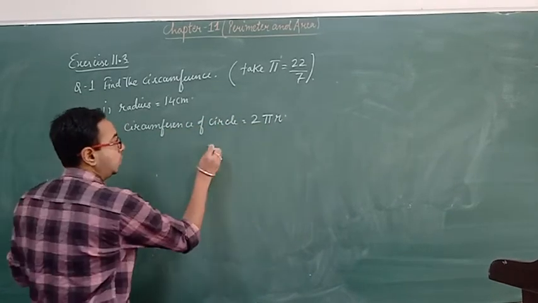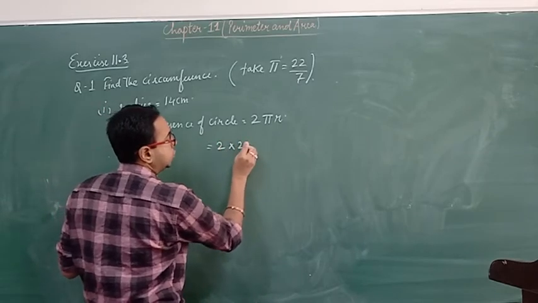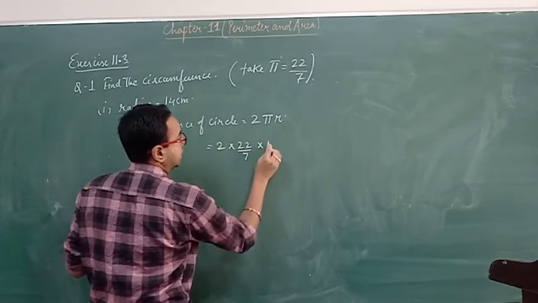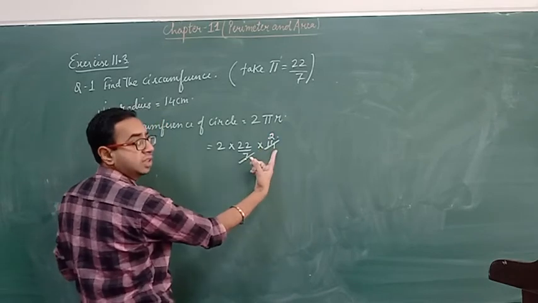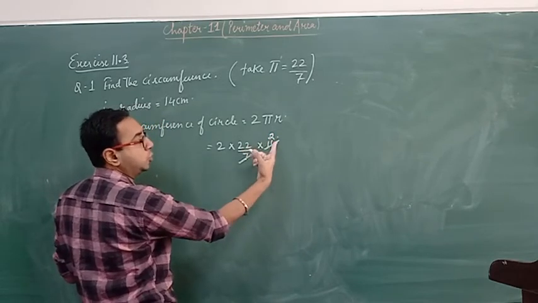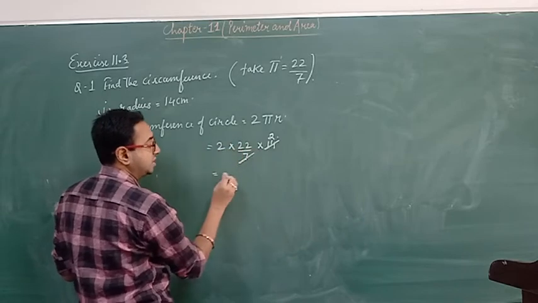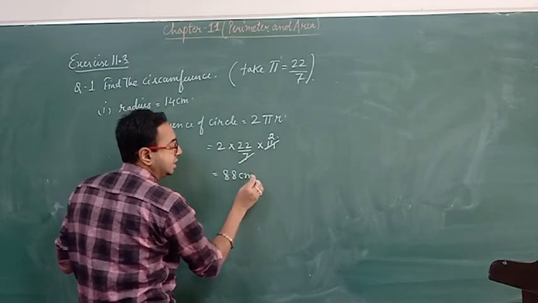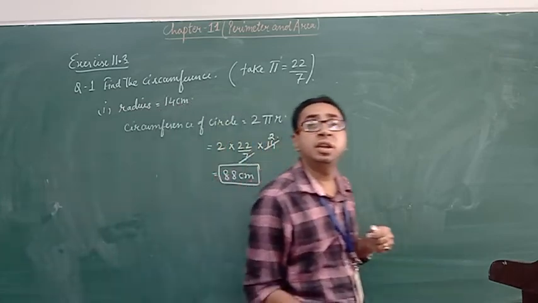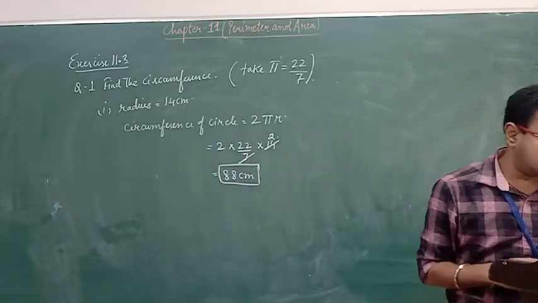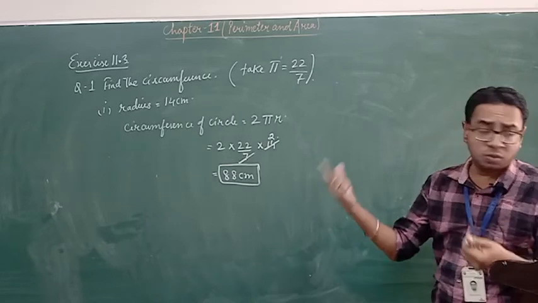Clear? Now, 2 pi value is 22/7, r is 14. I can cut: 7 2s are 14. 22 into 2 is 44. 44 into 2 is 88. 88 centimeter is the circumference of that circle with radius 14 centimeter.